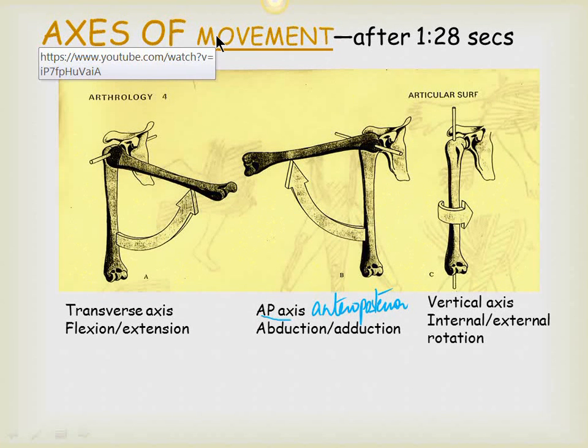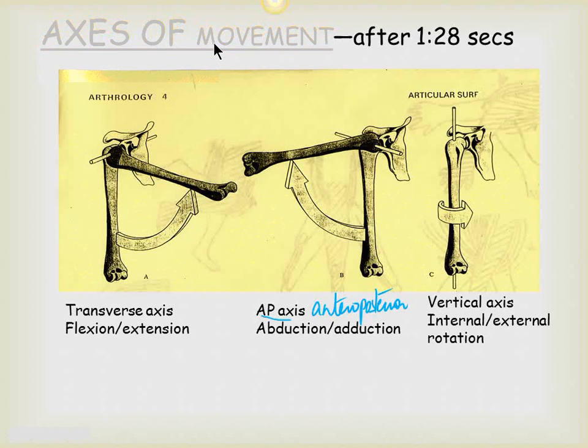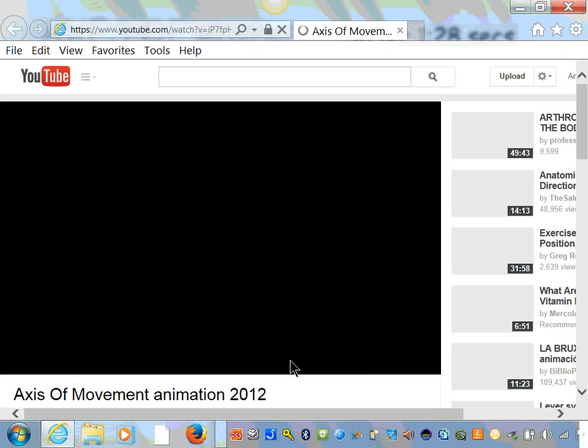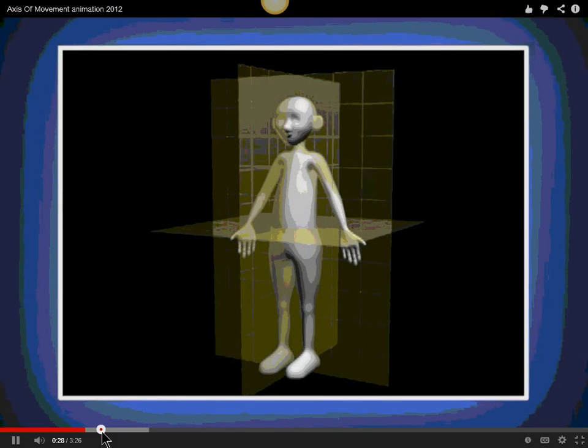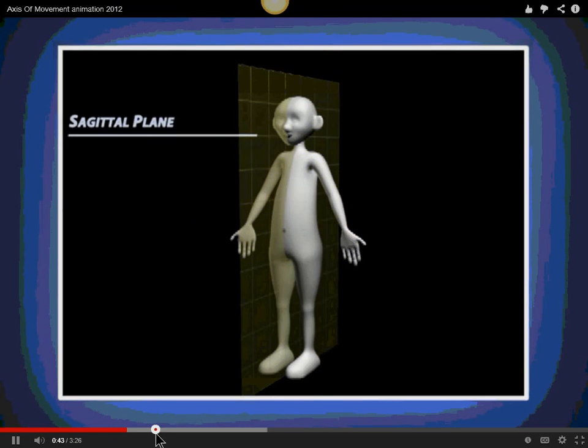So let's look at these, shown really well over here. They have slightly different terminology. Don't get confused, and I'll explain that. So let's look at this. Reference planes are more specific.